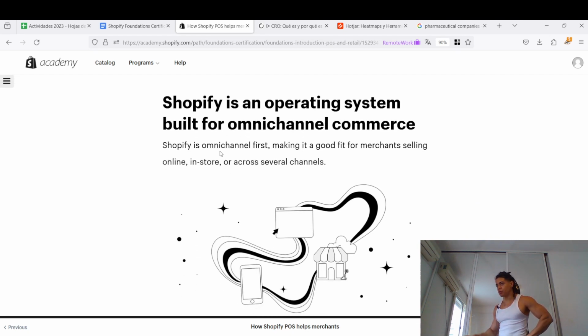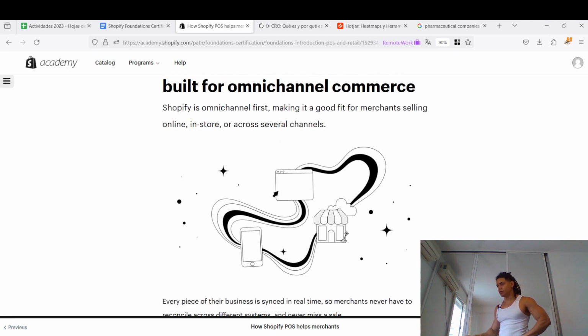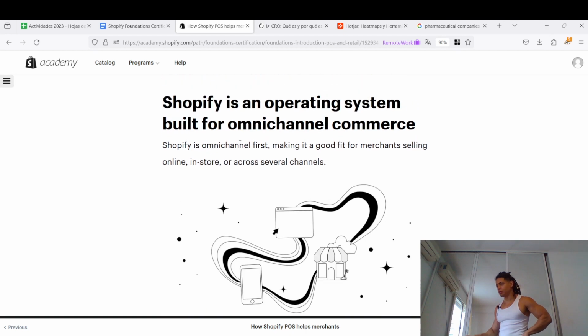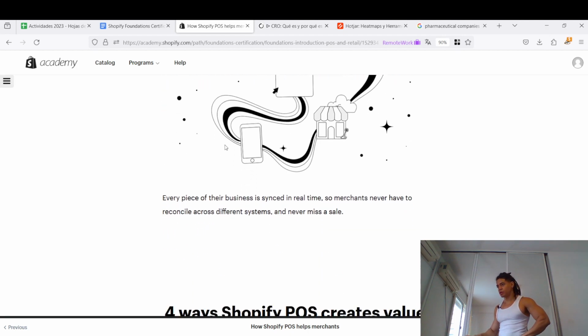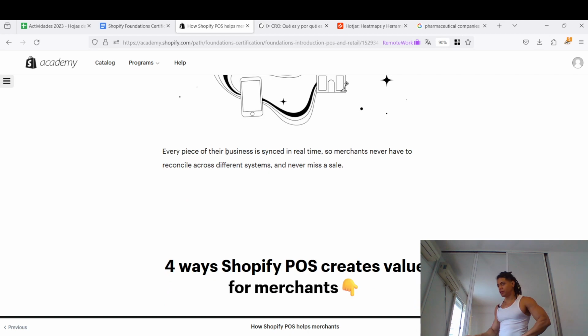So Shopify is omni-channel first, making it a good fit for merchants selling online, in-store, and across several channels. Every piece of their business is synced in real time, and this is the beauty of this.